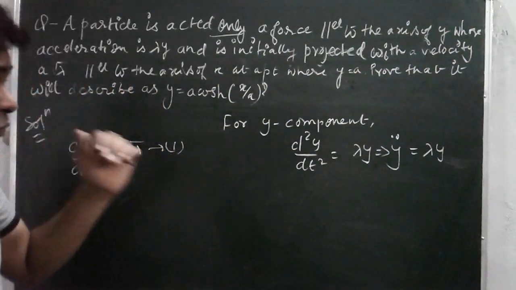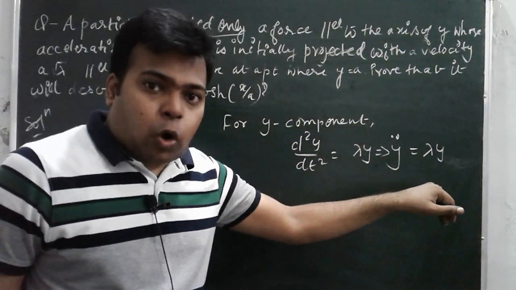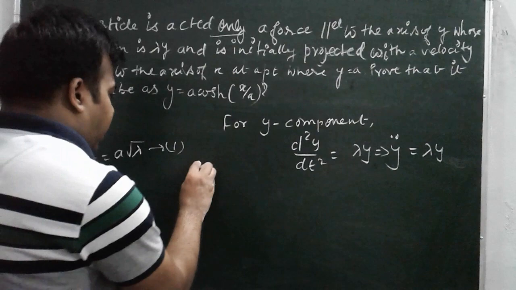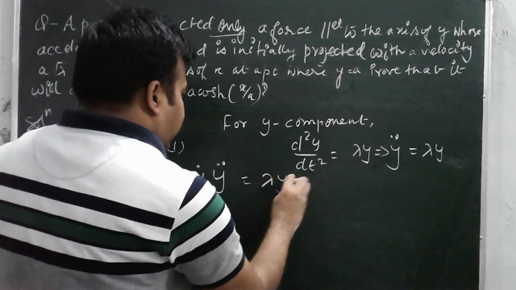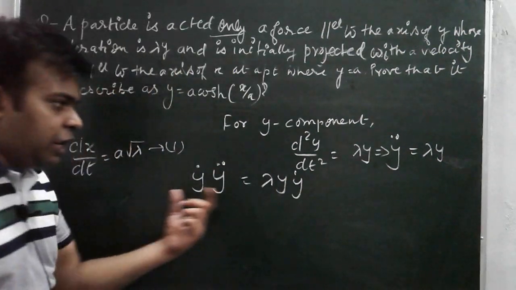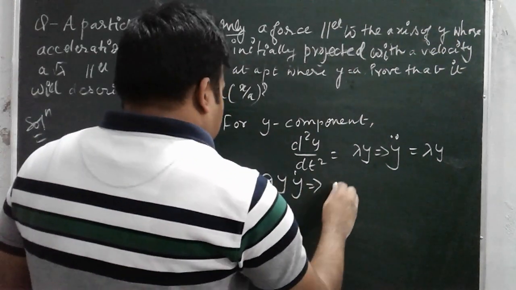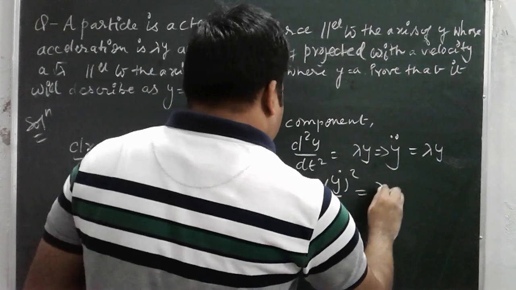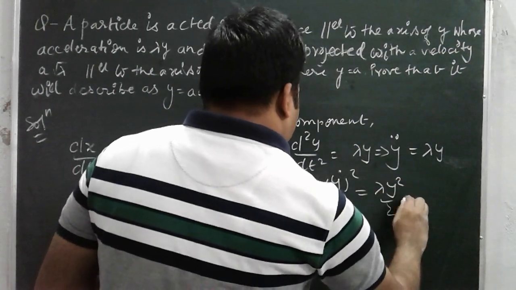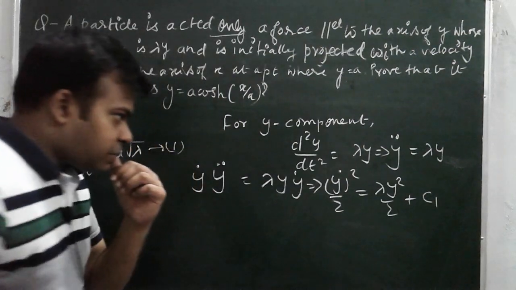Now if we multiply both sides by y dot, we get y dot y double dot equals lambda y y dot. If we integrate it, we get (y dot) squared by 2 equals lambda y square by 2 plus c1.